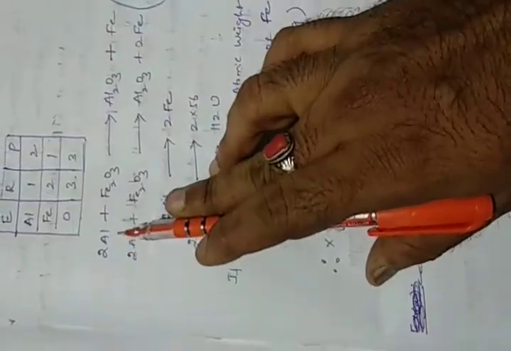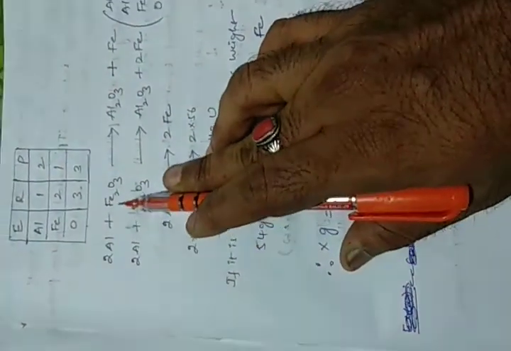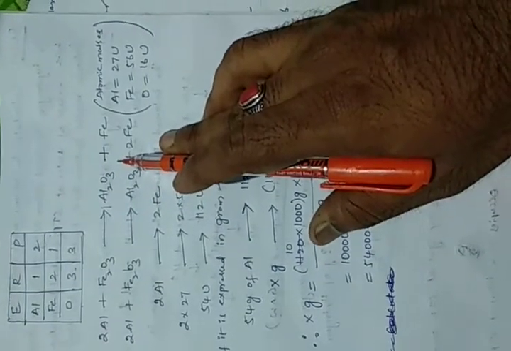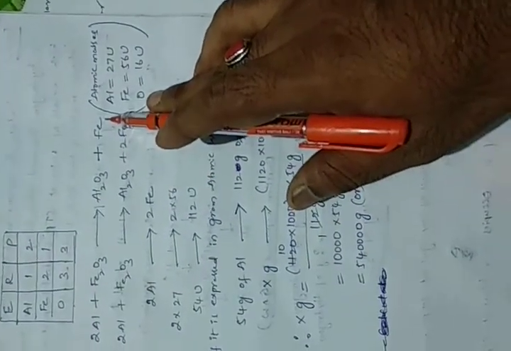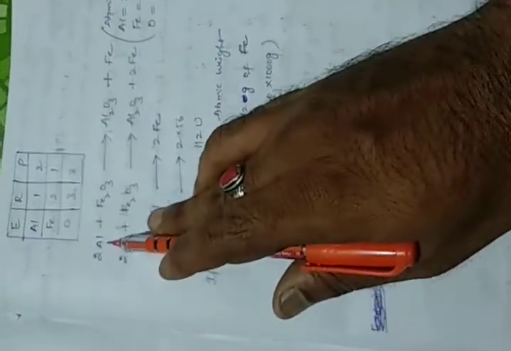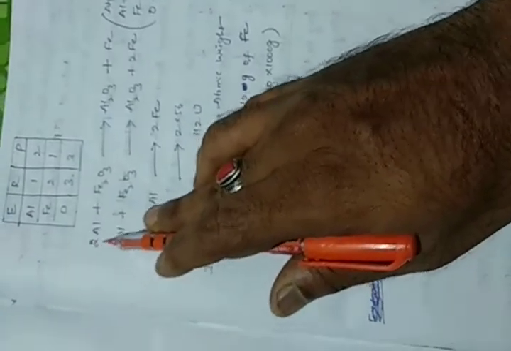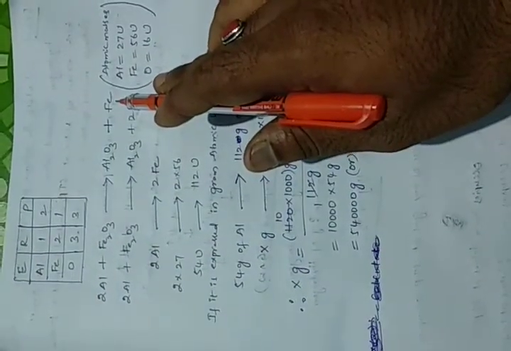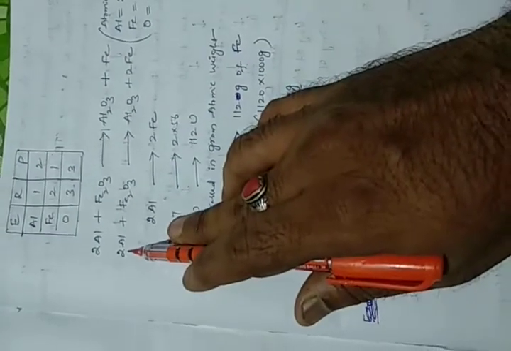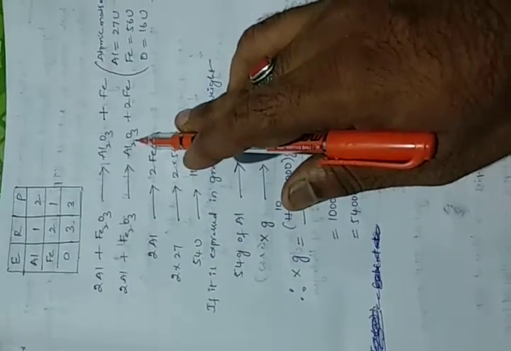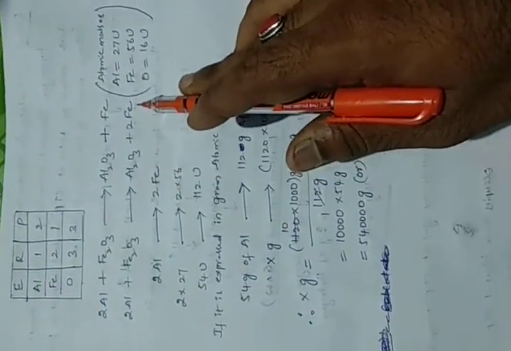So in order to balance, 2 aluminium plus Fe2O3 gives rise to Al2O3 plus Fe. Here there are 2 aluminium on the product side, so as the balancing coefficient we use 2 aluminium. Here the reactant side has Fe2 but the product side has Fe1, so balancing: 2Al plus Fe2O3 gives rise to Al2O3 plus 2Fe.